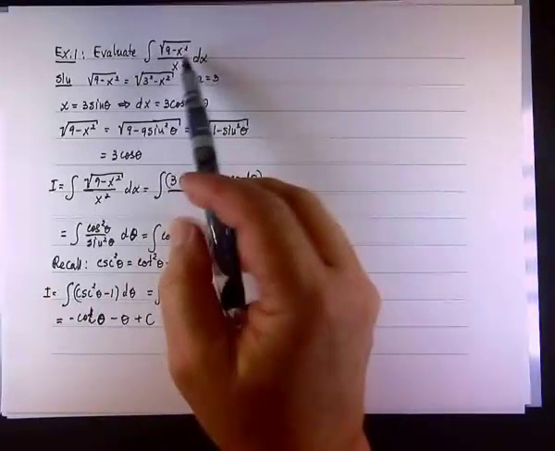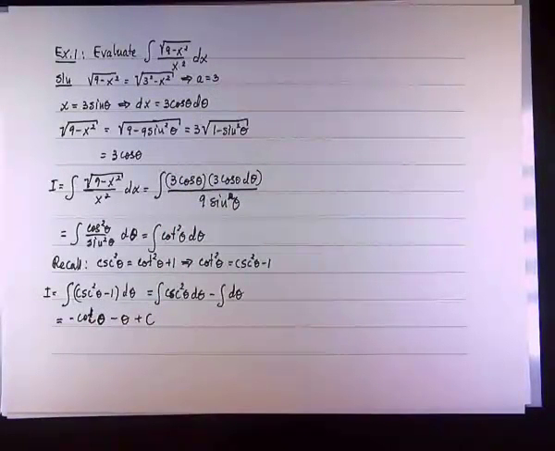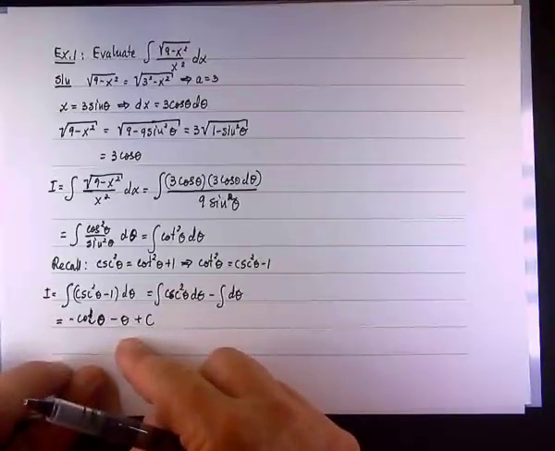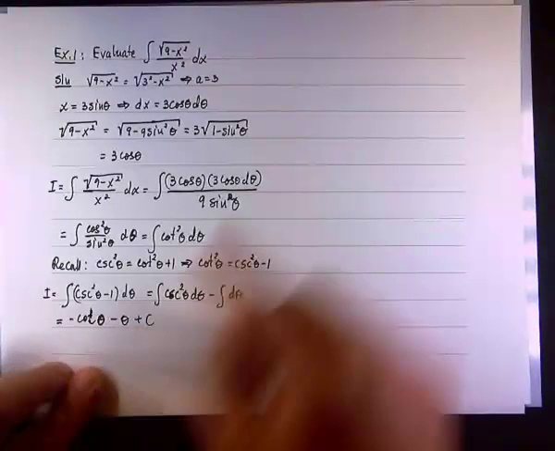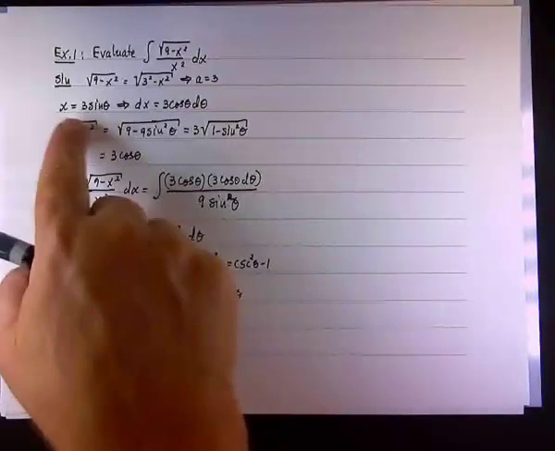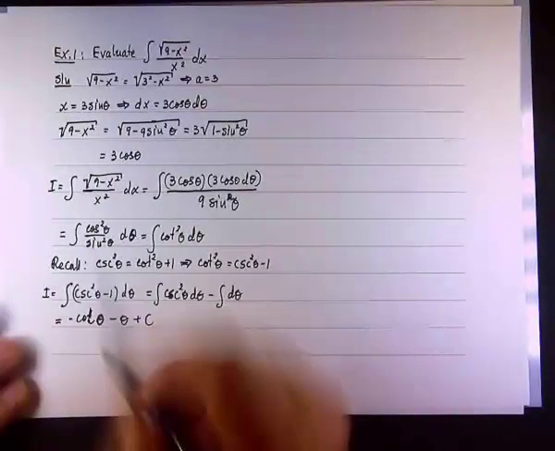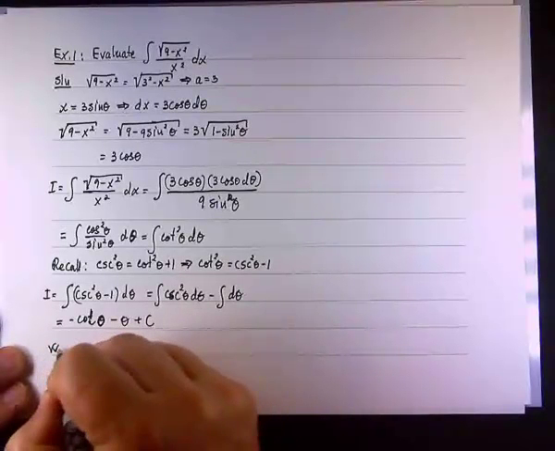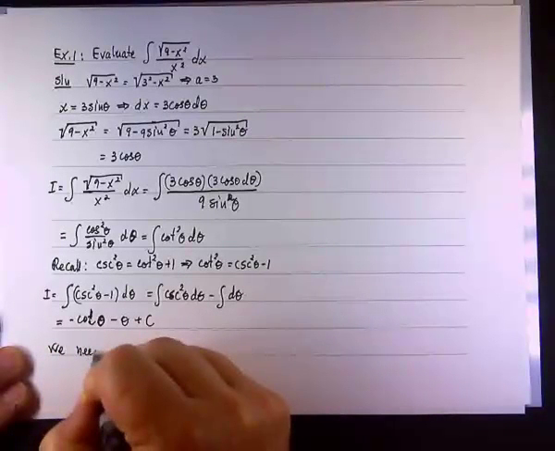Now, this is not a solution yet because this is a solution in theta. We started with x. We need to have a solution in terms of x. So we need to convert cotangent theta and theta back to x. Well, how are we going to do it? We're going to use the definition of the substitution.